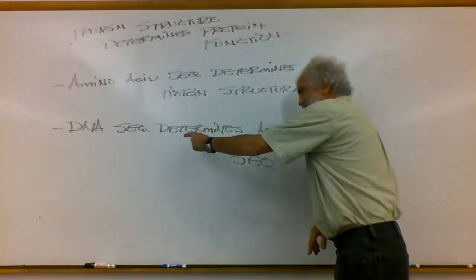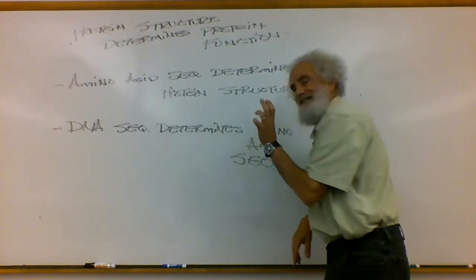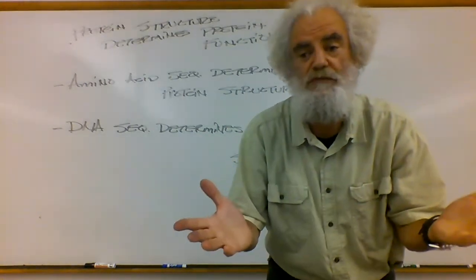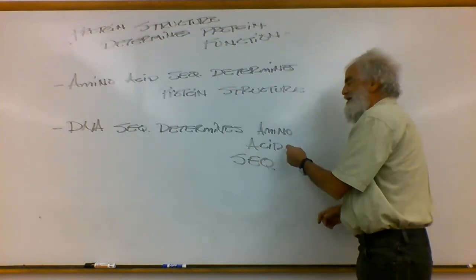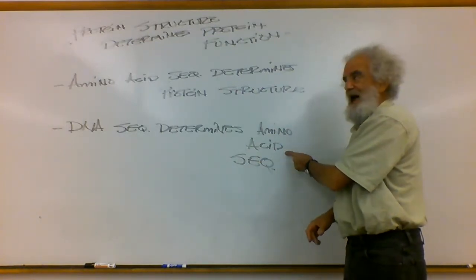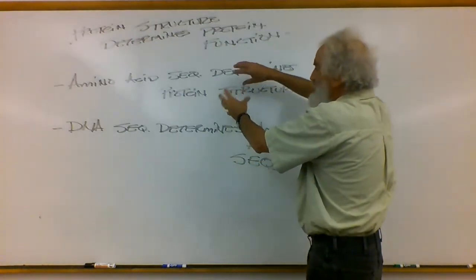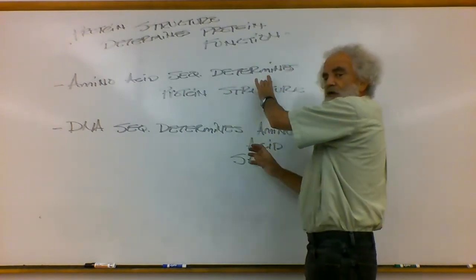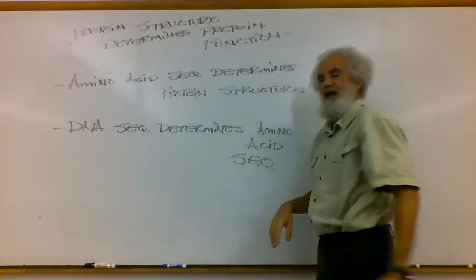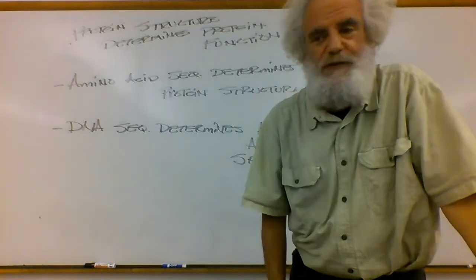Consequently, you change the sequence of the DNA, a mutagen. You can change the amino acid sequence. If you change the amino acid sequence, you might just change the protein structure, which in turn might affect the protein's function. This is the mechanism behind cancer.